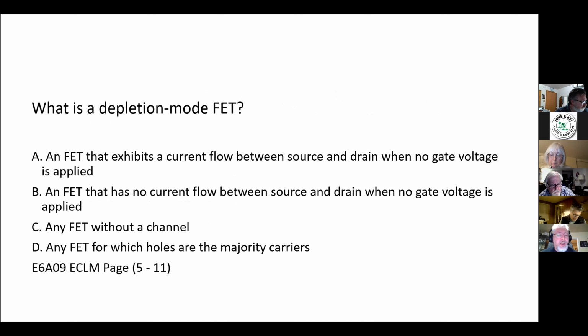C, an FET without a channel. Or D, an FET for which holes are the majority carriers. Correct answer is A. An FET that exhibits current flow between the source and drain when no gate voltage is applied.